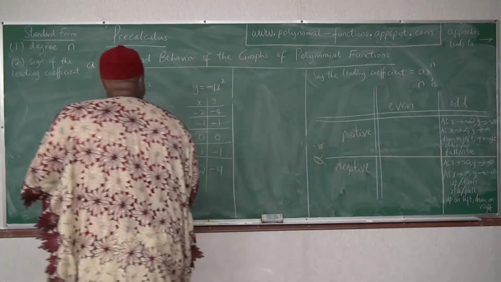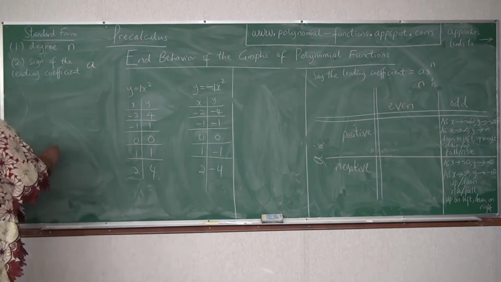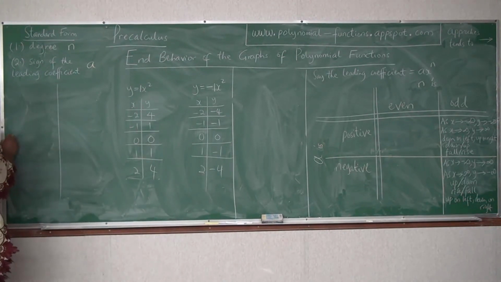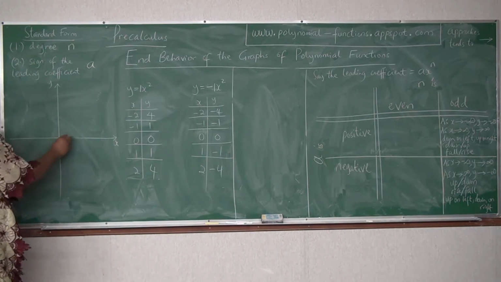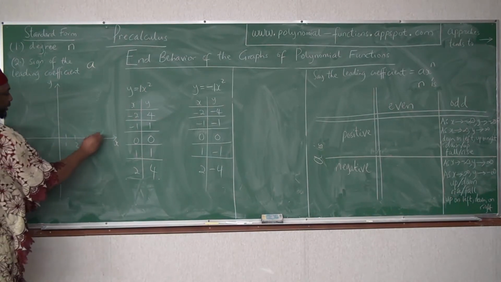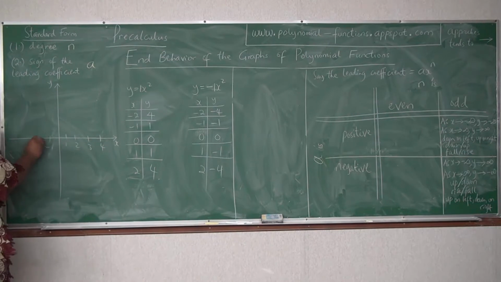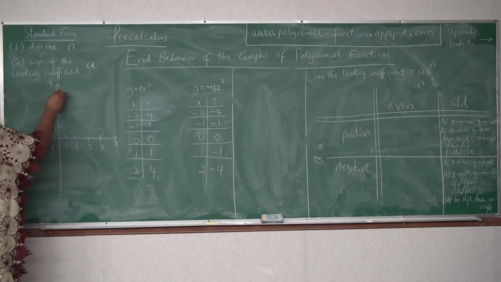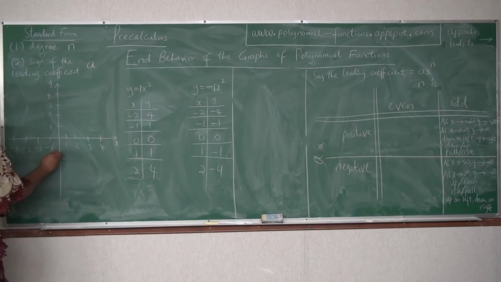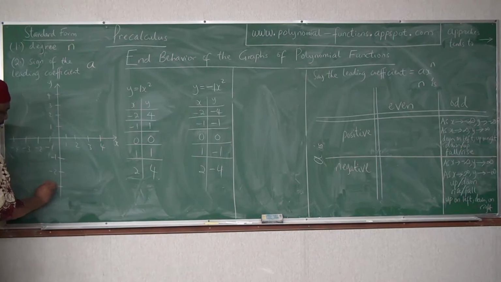So if we do even exponents, let me show you x, y. We have 1, 2, 3, 4, negative 1, negative 2, negative 3, negative 4.